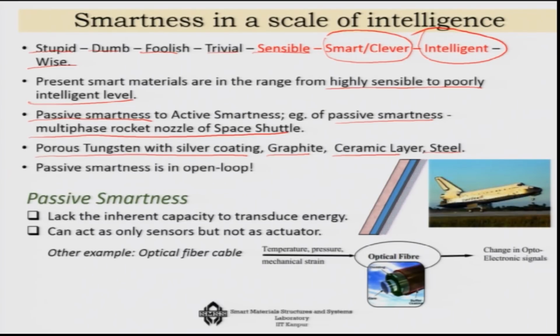If I add a ceramic layer to it, I get even higher temperature resistance, because the tip of the space shuttle is subjected to close to 1500 to 1600 degrees centigrade of temperature. So, you need these three systems fighting the high temperature.